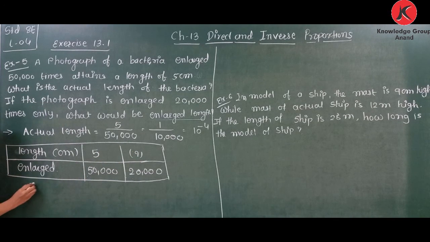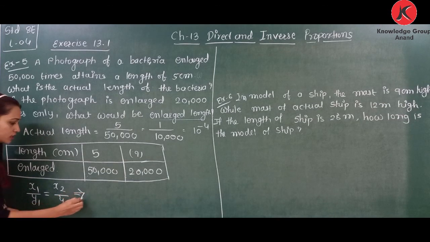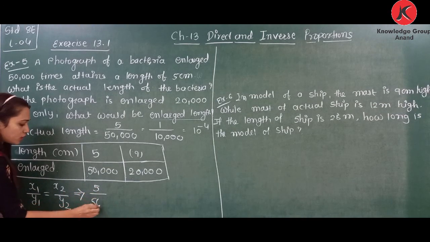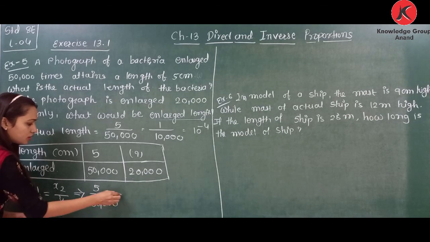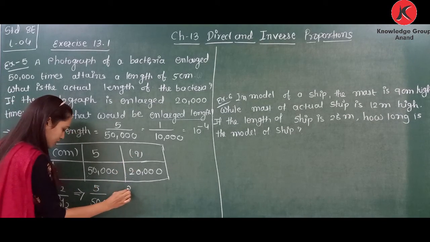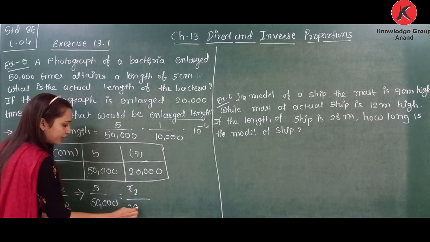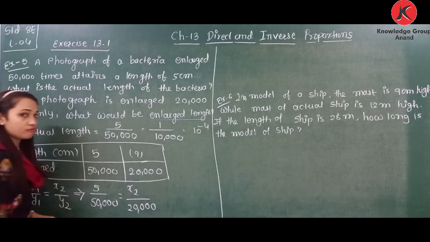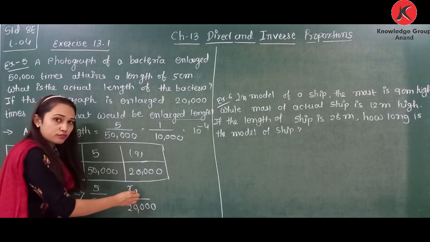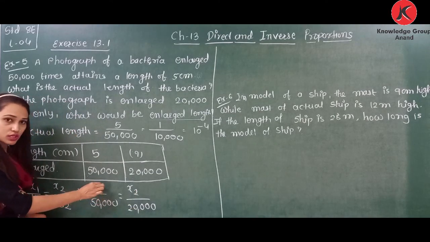So we can write x1 divided by y1 is equal to x2 divided by y2. This is the equation we consider for direct proportion. So here 5 divided by 50,000 is equal to x2 by 20,000. If you want to find x2, take 20,000 to the other side.